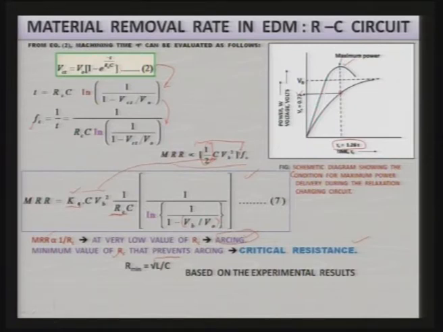It is based on experimental results. People conducted a lot of experiments and found that R minimum is equal to 30 multiplied by the square root of L by C. This is valid for certain machining conditions and certain tool and workpiece materials.